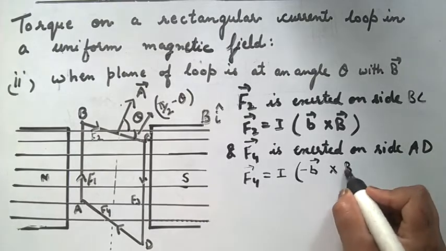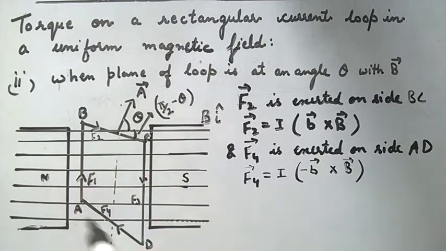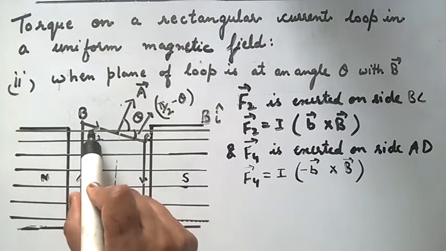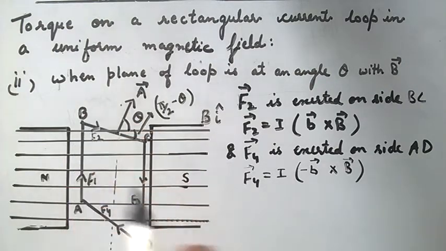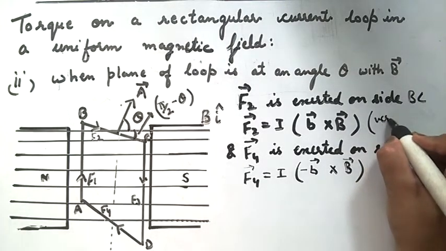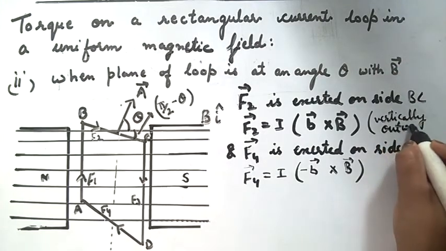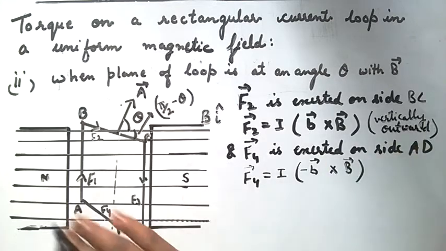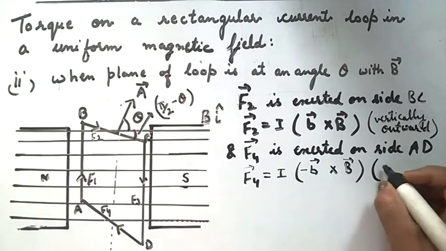Now we can find the direction of F2 and F4 by the right hand palm rule or Fleming's left hand rule. For side BC, the force acts in the vertically upward direction. For the other side, by the right hand palm rule or Fleming's left hand rule, the direction is vertically downward.